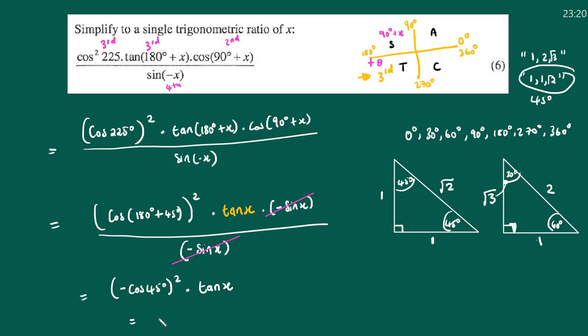Alright, so now cos 45. As we were saying, these are the two triangles, the 1, 1, 2 triangle and the 1, 2, 3 triangle. 1, 2, 3 is about 30 and 60. The 1, 1, 2 triangle is about 45.